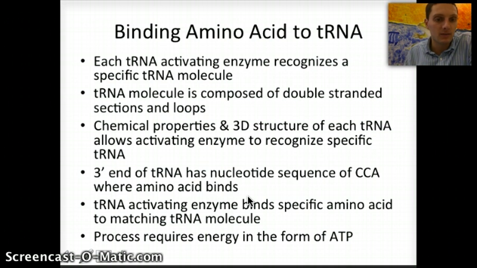The 3' end of the tRNA has a nucleotide sequence of CCA, and this is where the amino acid is going to bind. The tRNA activating enzyme binds a specific amino acid to match the tRNA molecule, and this process requires energy in the form of ATP, as we just looked at. So ATP is driving the connection of transfer RNA and amino acid being put together.